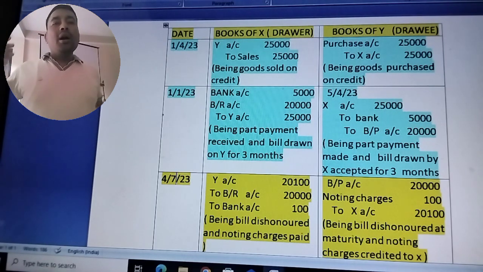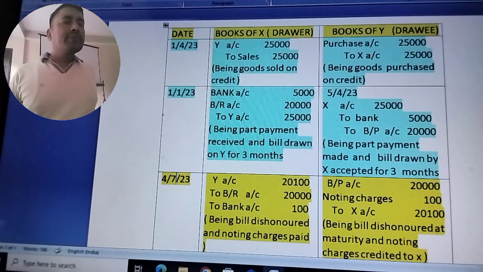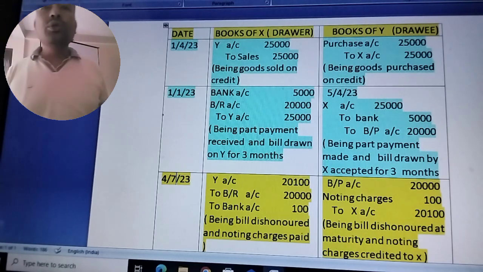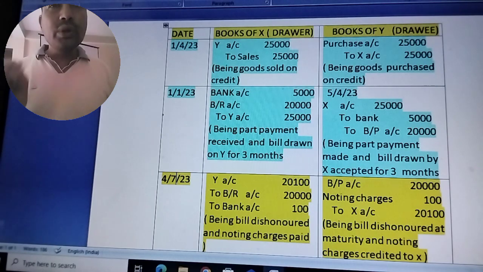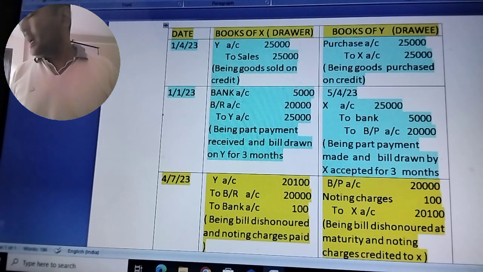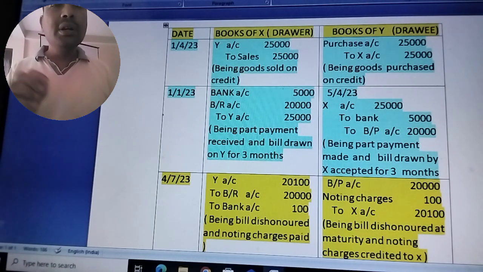So on dishonor, X will do the entry of drawee account debit, bills receivable account credit, to bank account. So you will debit the drawee account by 20,100, because 20,000 is for the bill and 100 is for the noting charges.